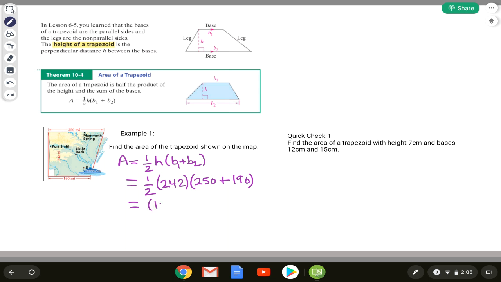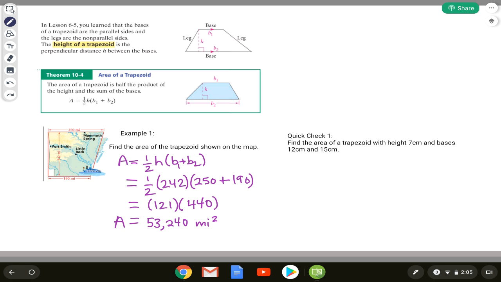That's 121. And then 250 plus 190 is 440. When I multiply those together, I get 53,240 square miles. Now I can write the miles with the exponent of 2, or I could write sq. mi., which is another way of abbreviating.